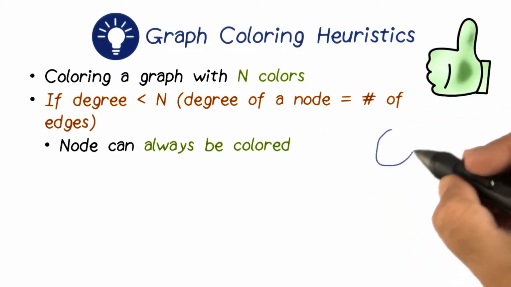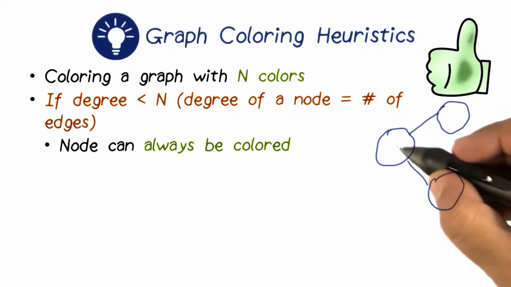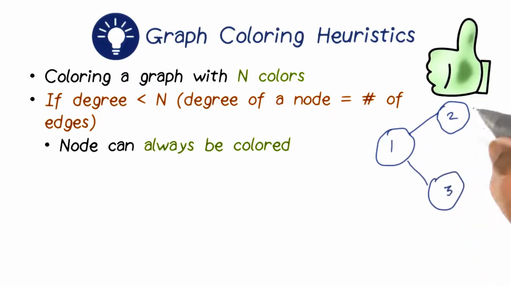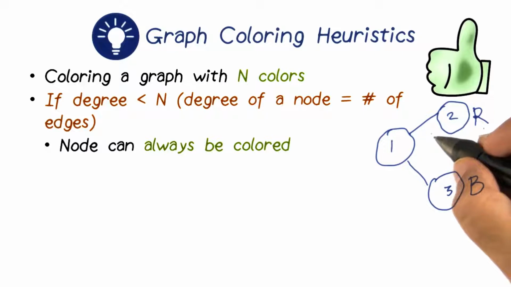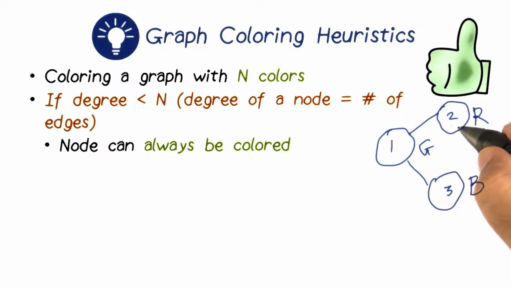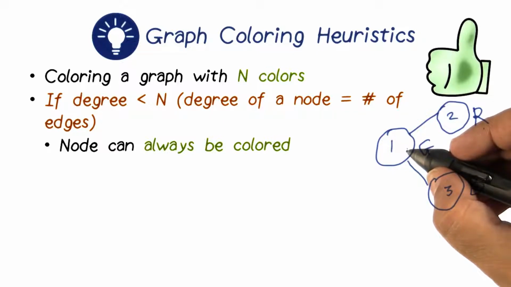For example, we have a node here with degree 2. So we have node 1 here, node 2 and node 3. This is a degree 2 node. Let's say I have two different colors given to two different neighbors here. A red color is given to node 2 and a blue to node 3. I still have a color available for this, which is green. So as long as my neighbors are less than n, I have a color left out for this particular node.